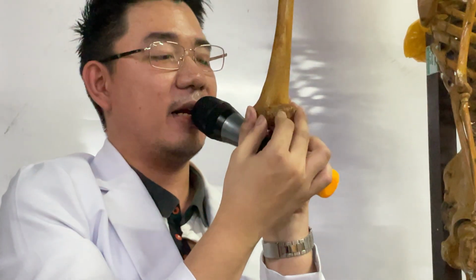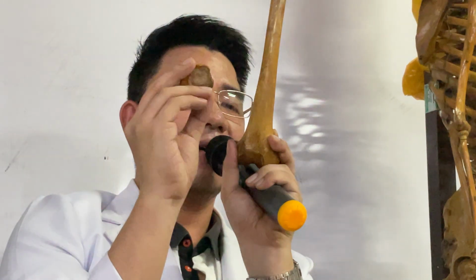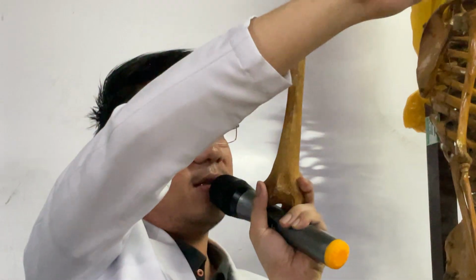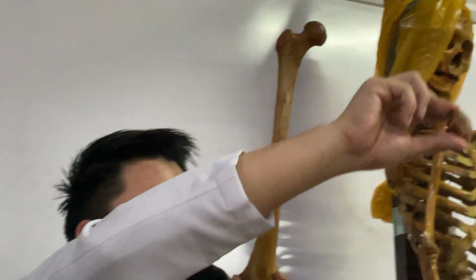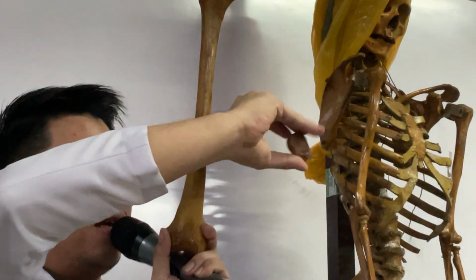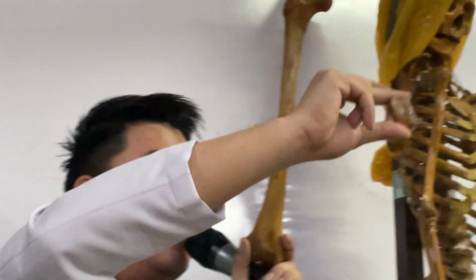Okay? Another shape. So in the patella, as you can see here, this is the anterior surface of the patella. So if you can see, this is really rough. No? It's rough. And then the posterior surface is smooth. Okay? Why?